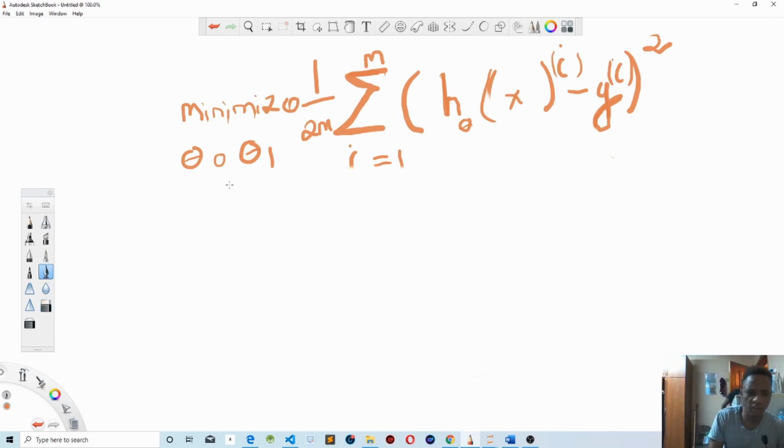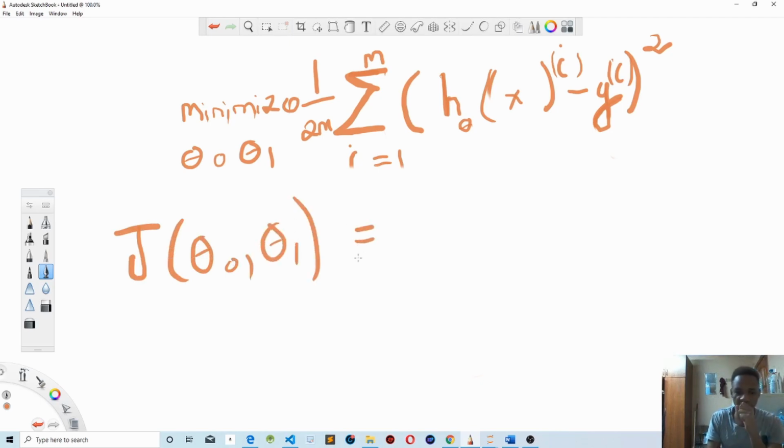This cost function is represented by J, in this case J of theta 0 and theta 1. The cost function takes in the values of theta 0 and theta 1, and finds the suitable values which best fit our dataset. So it's a minimization problem, since we are minimizing the distance between the predicted value and the actual value.